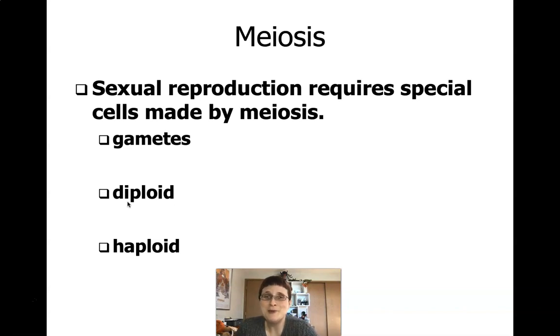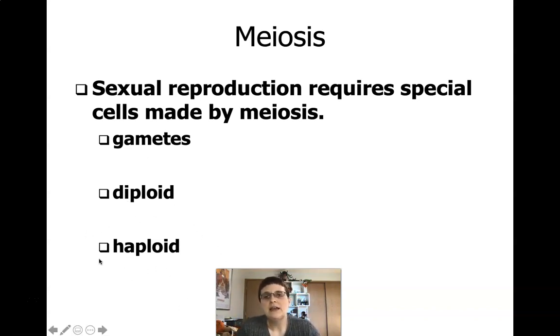However, we have two copies of each, which is why we have a total of 46, right? So humans, our normal cells, are diploid because we've got two copies of each chromosome. We get one from mom, one from dad. Okay? So that's how we end up being diploid.